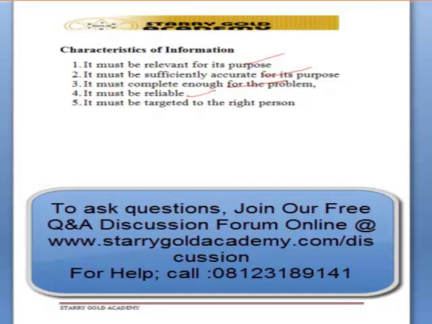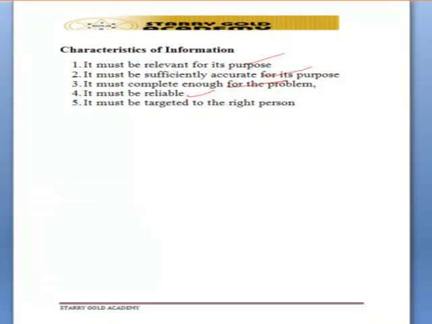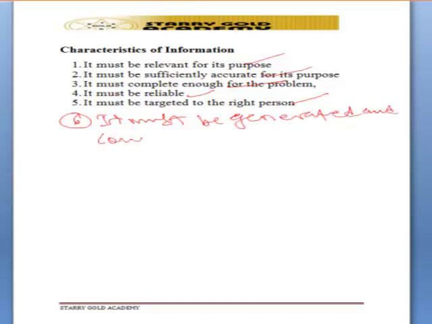Then it must be reliable. Then it must be targeted to the right person. For example, the information that's supposed to be given to the production manager should not be given to maybe the account manager. So it must be targeted to the right person. Another thing is that it must be generated and communicated at the right time.